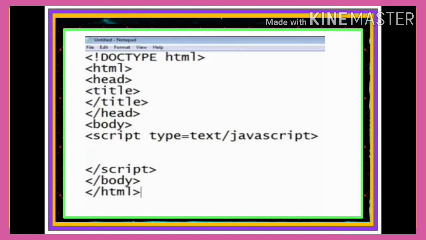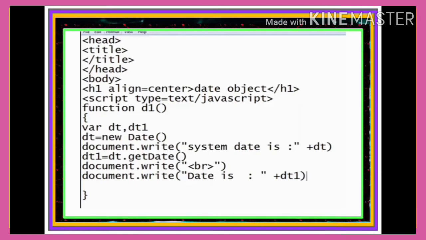Also you have to create one button, so use form object. In between form and close form you have to create button by using input tag, input type equal to button, value equal to Date Object, onclick equal to mention function name d1, close form, close body and close HTML.